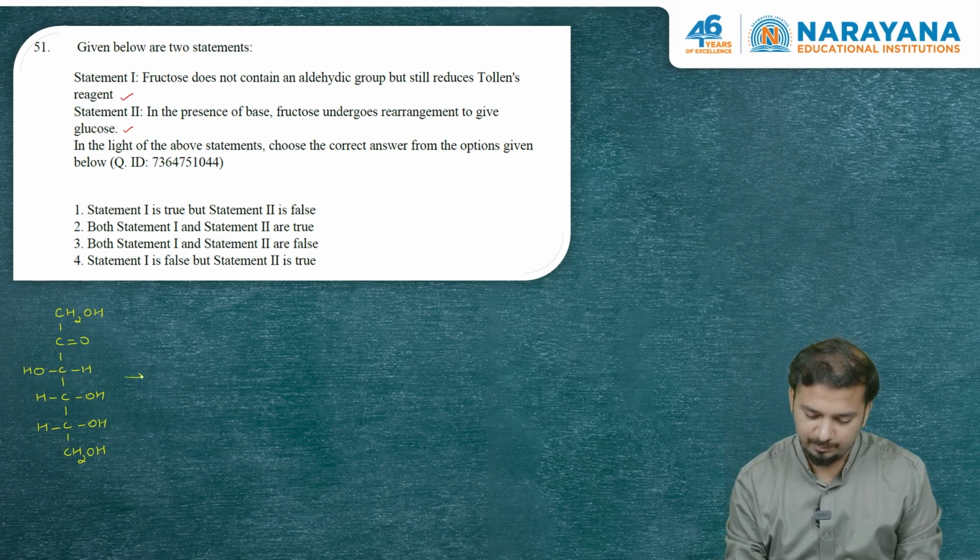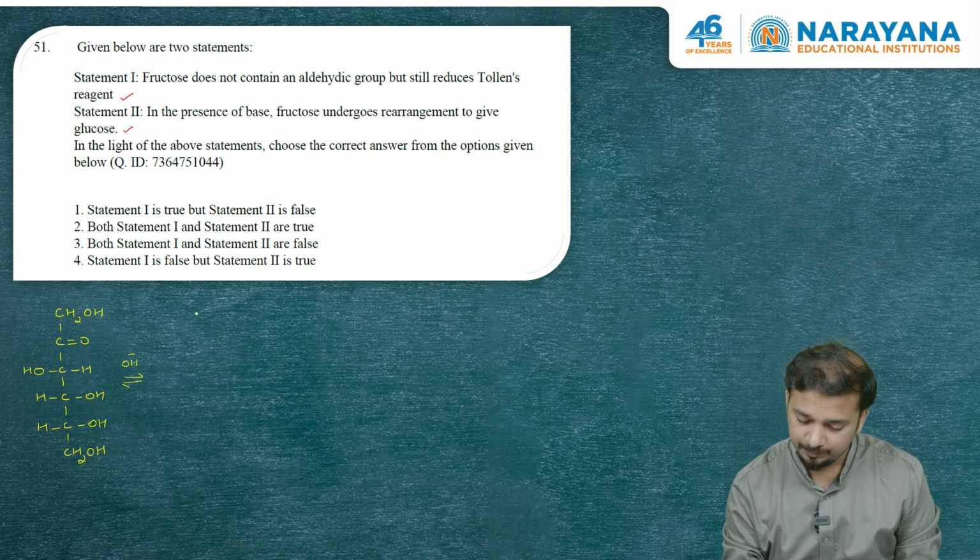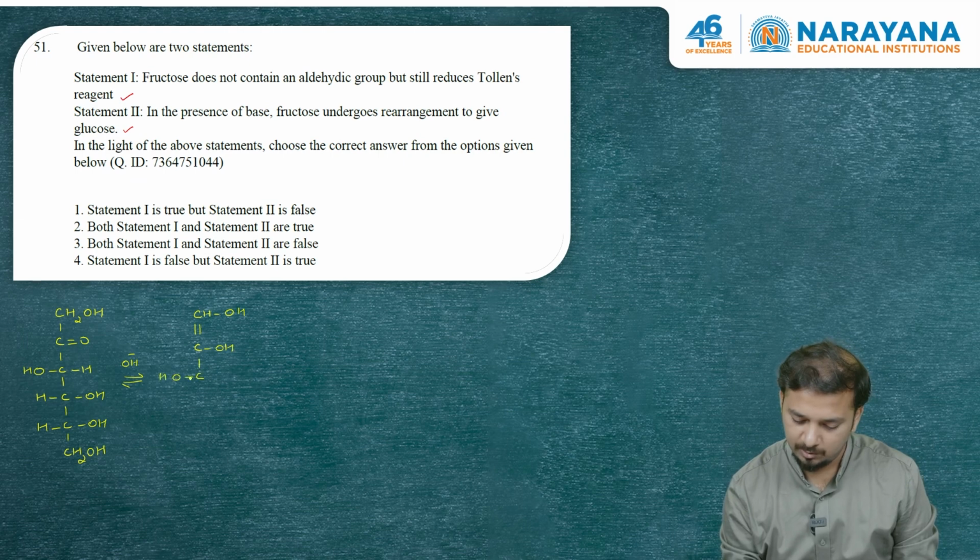So it will become CH, OH, double bond C, OH, C, OH, H, C, H, OH, C, H, OH and CH2OH.